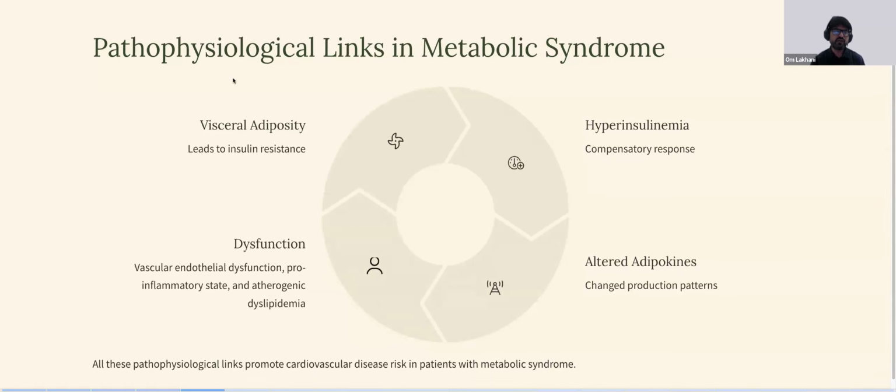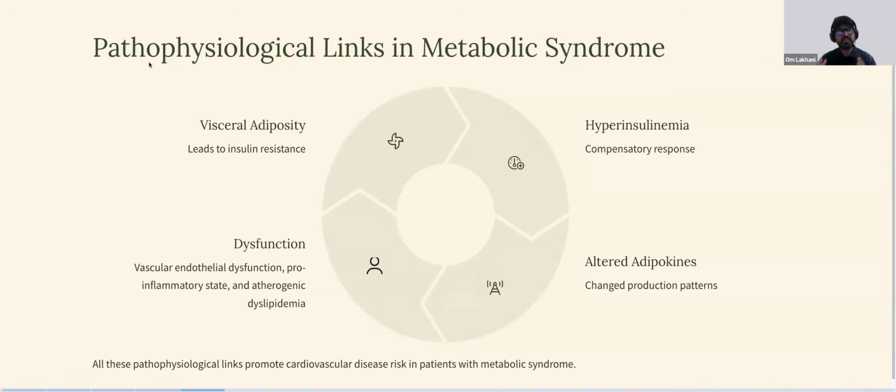Right. Now, we already discussed how insulin resistance links with metabolic syndrome. Remember, with metabolic syndrome we are trying to assess for the presence of visceral adiposity, and visceral adiposity has a direct correlation with insulin resistance. Also, the presence of metabolic syndrome is a compensatory response of the body, and it's an indirect marker of hyperinsulinemia.